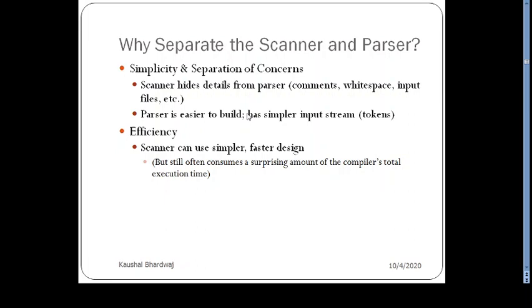Efficiency. A scanner can use a simpler or faster design. Usually it takes some time to scan and find out the tokens, but still we believe that it can be faster than the parser.